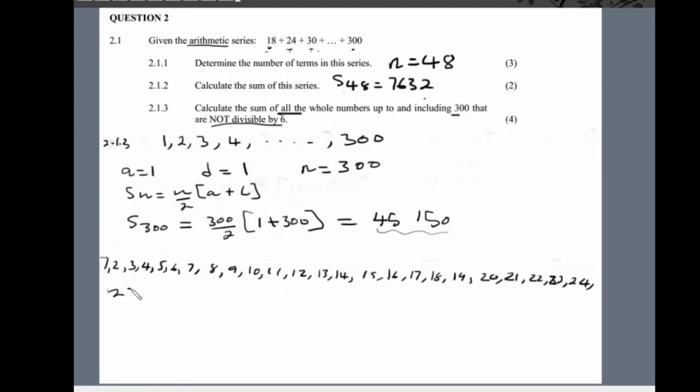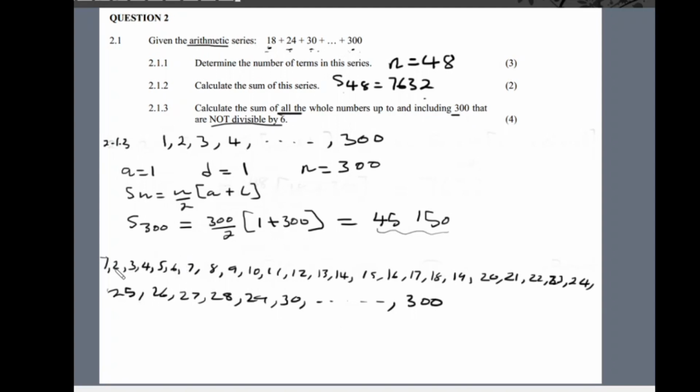Sorry, I'm writing this because I want to explain this properly. Right, 25, 26, 27, 28, 29, 30, right, all the way to 300, right? So the question wants the sum of all the whole numbers up to and including 300, but then in that sum we should not include those that are divisible by 6.